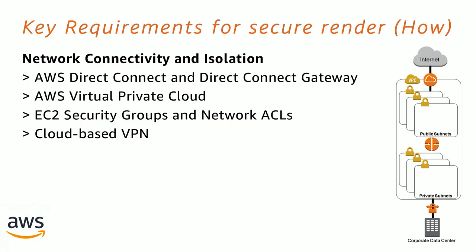So key requirements for security: let's talk about network security, network connectivity and isolation. First of all, you can connect to your resources within AWS through either AWS Direct Connect and Direct Connect Gateway. Direct Connect is a way for you to connect from your physical location over to AWS over a dedicated network pipe.